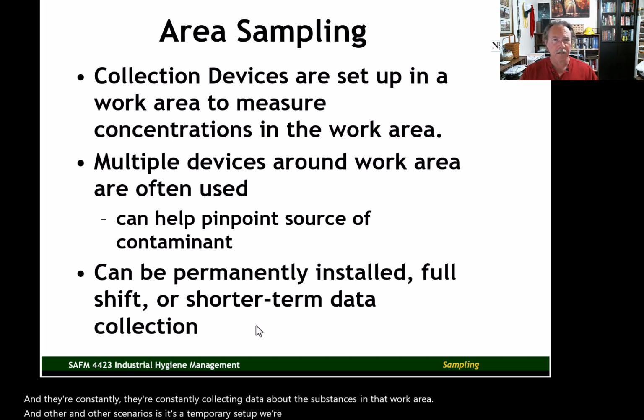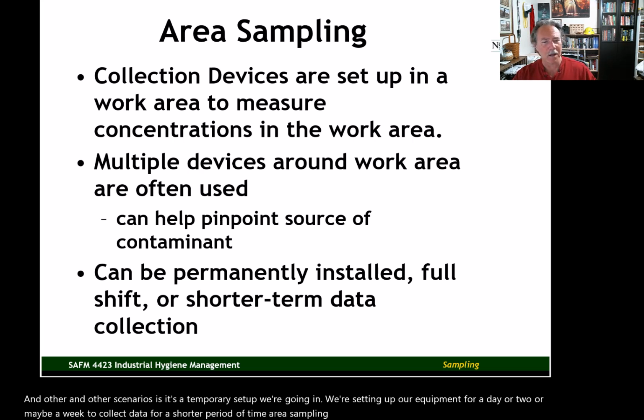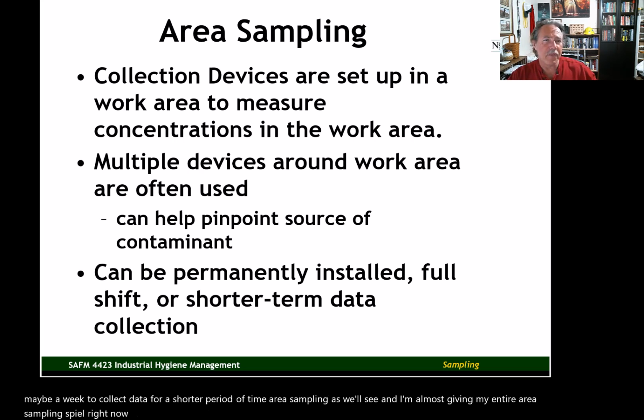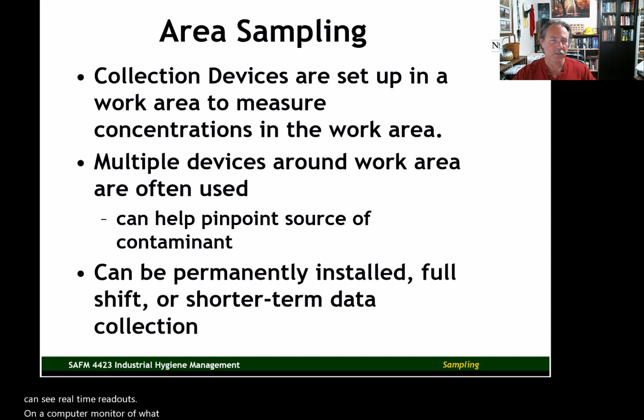We're going in, setting up our equipment for a day or two, or maybe a week, to collect data for a shorter period of time. Area sampling technology is normally going to be networked into a computer system, so you can see real-time readouts on a computer monitor of what the concentrations are of the different substances and what all the different substances are.